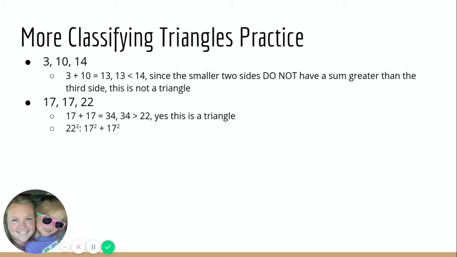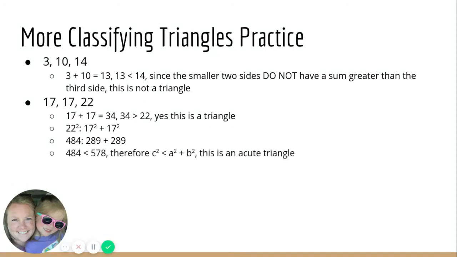Then I set my problem up so c squared is on the left, and I'm comparing it to a squared plus b squared. Here's my numbers I get when I square them. And then 484 is less than 578. Therefore, c squared is less than the sum of a squared and b squared, so that makes this an acute triangle.